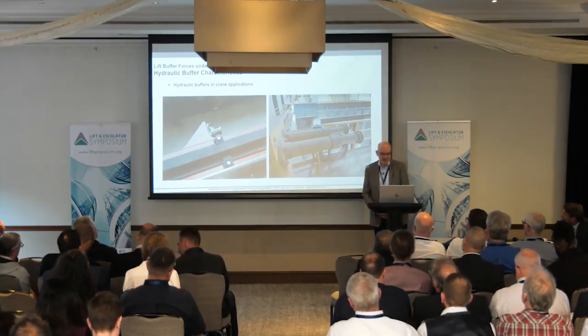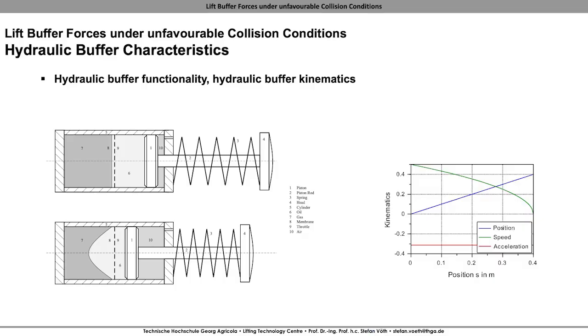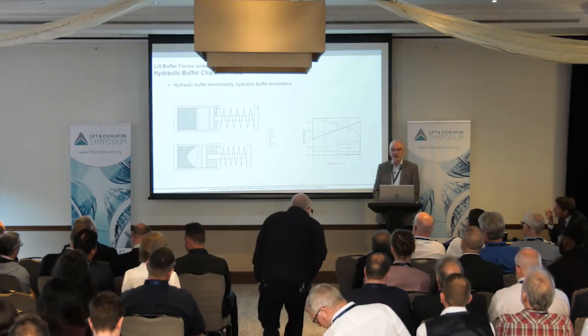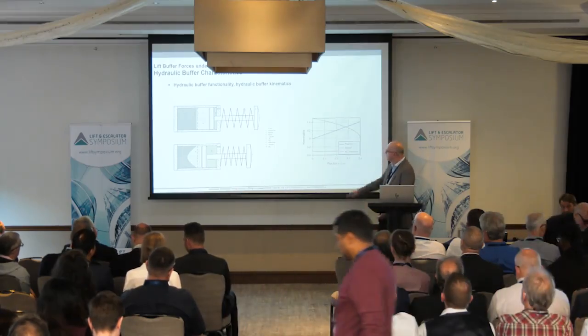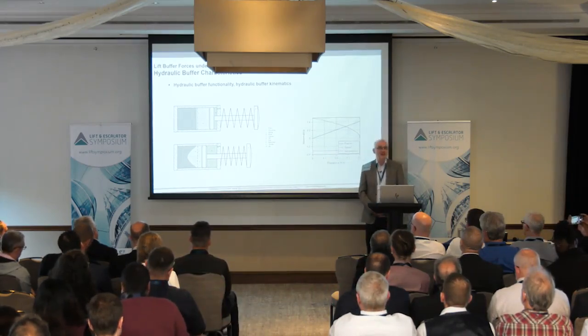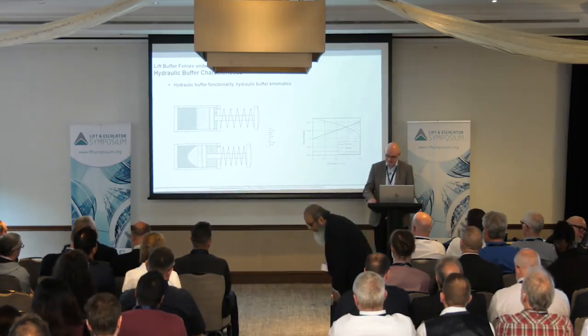Sometimes even at cranes you have some driving forces like in lift applications. To repeat from last year, what is the basic functionality? You have some oil, you press it through a throttle, and the target is to decelerate your load. The target is to have a more or less constant deceleration, which means a constant force acting onto the lift car.